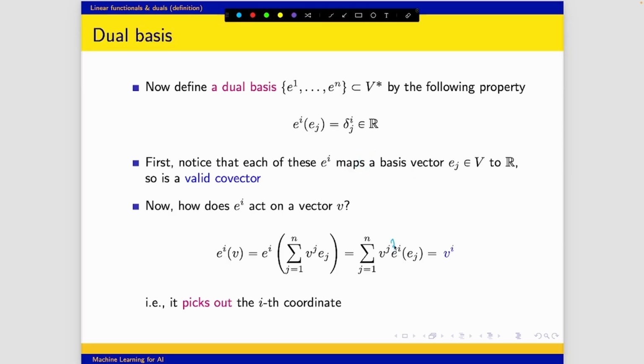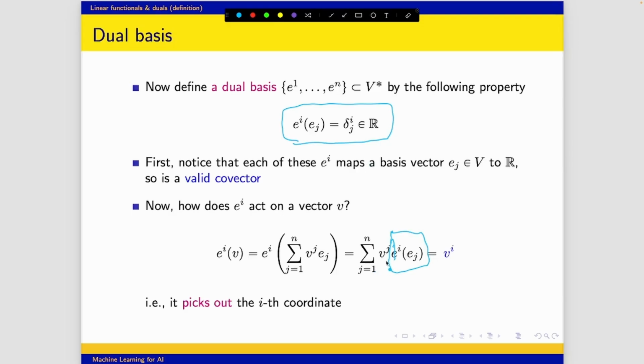So these entities here, we are forcing them to have these values. In other words, this sum is over J, right?